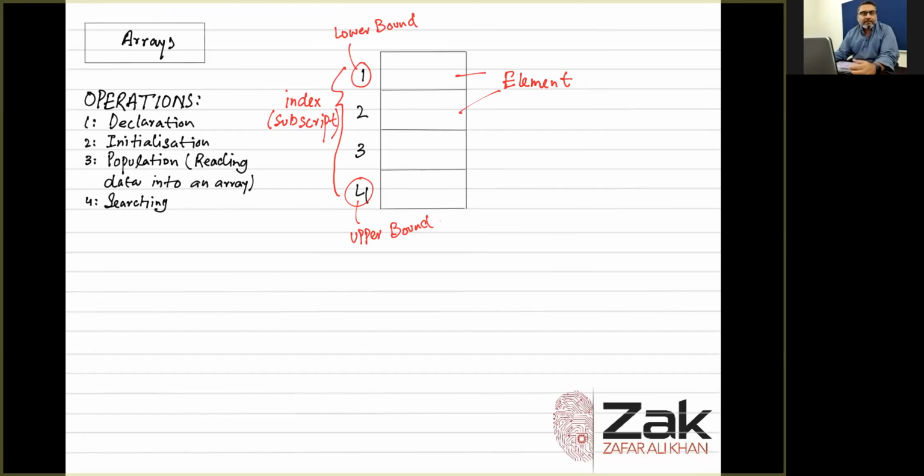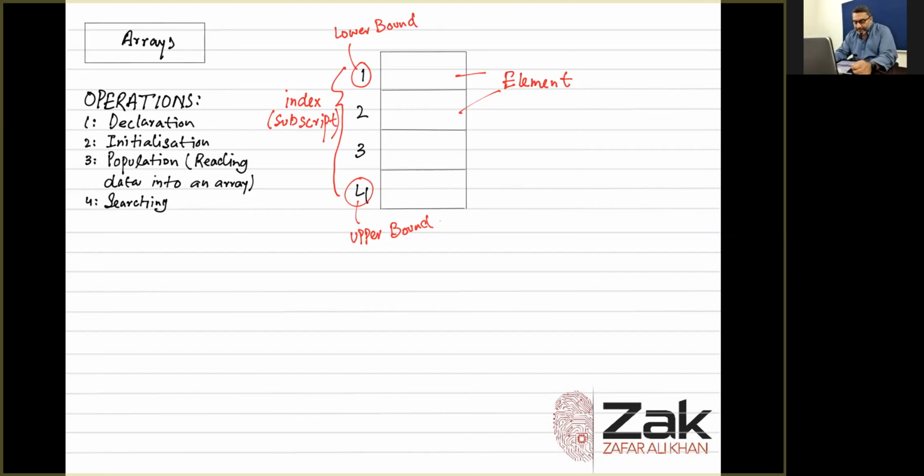what is an array? An array is actually a memory location which is holding not one but many data items. Not one but many data items. So this whole structure is made in one memory location, which is consecutive. It is not scattered.